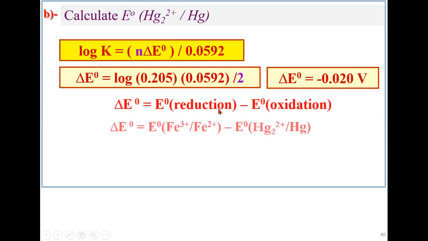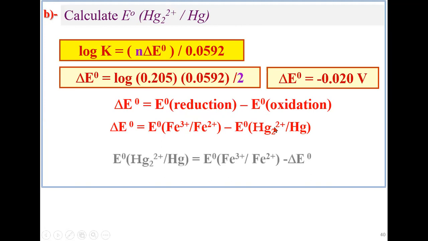Great. Now, once you have the delta E naught and the E naught for the iron, we can easily get the E naught for the mercury. We solve for that and we get the solution. Notice the E naught for mercury is greater than the E naught for iron.